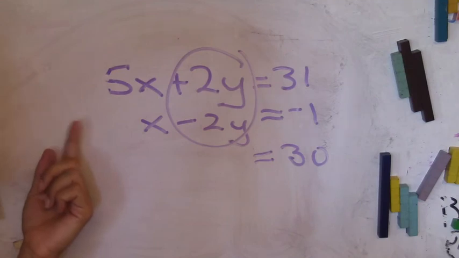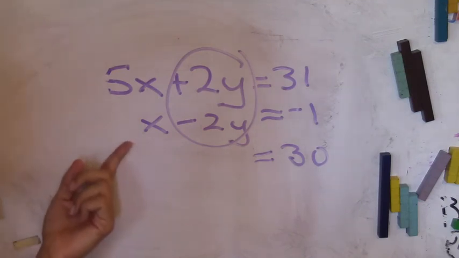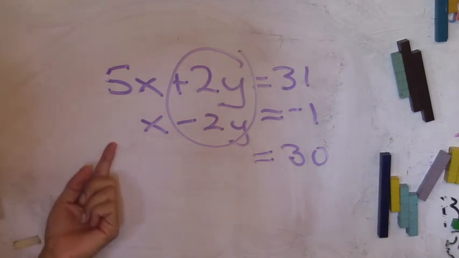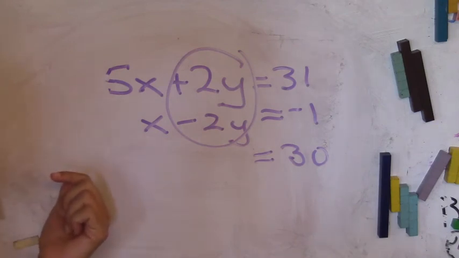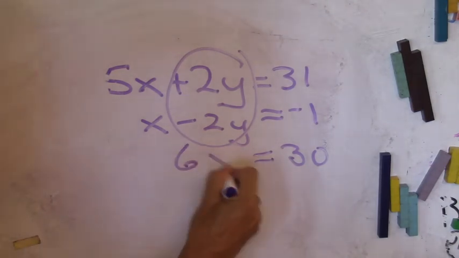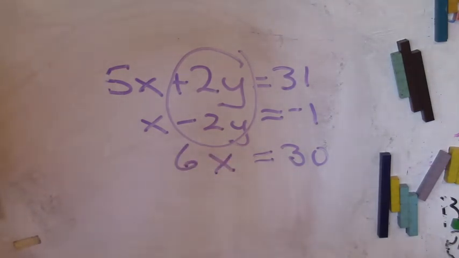What's 5x plus another x? 6. All right, fine. Now, if 6x equals 30, what's 1x equal?